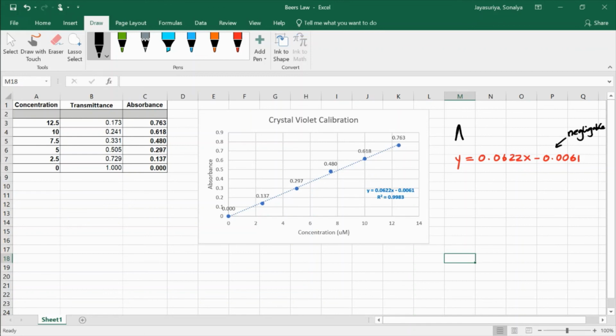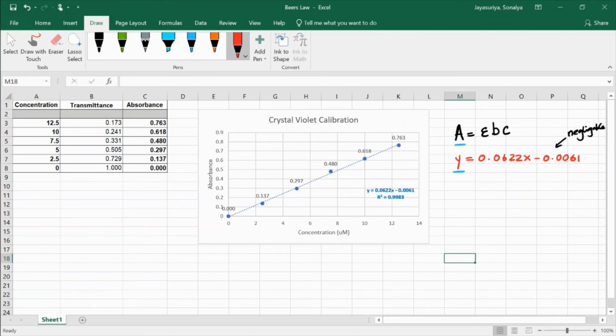Now remember, Beer's law is A equals epsilon times the path length, which is b, times c, the concentration. So we know that absorbance is A, and A is the y-axis, right?